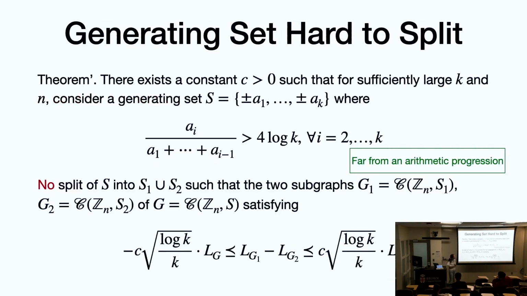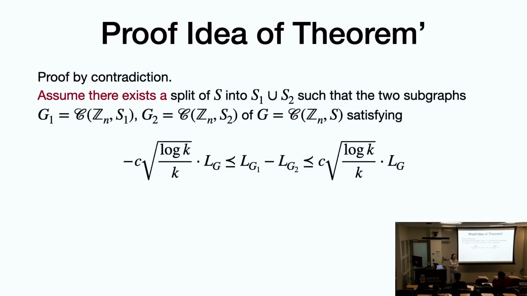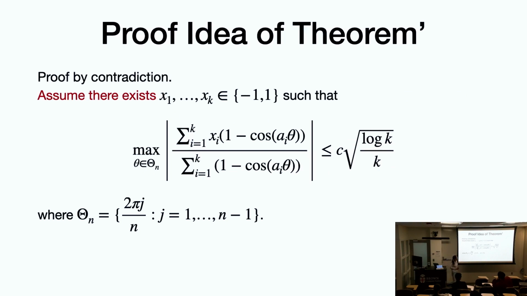I will show you some proof ideas of this theorem, which I call theorem prime. We will prove it by contradiction. We assume there exists a split of the generating set S into S1 and S2 such that this bound holds. This is the same as assuming there exist signs x1 up to xk such that the maximum absolute value of this ratio is upper bounded by this number.